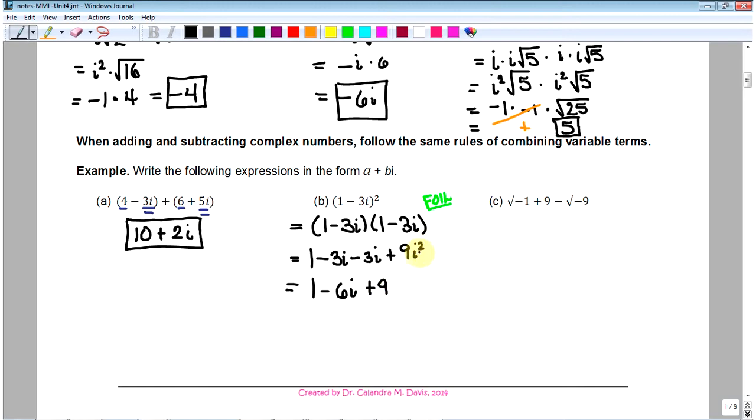Now we don't want to leave that i squared. i squared is defined to be negative 1, so we need to plug that in. So we have 1 minus 6i minus 9, which gives us a final answer of negative 8 minus 6i.